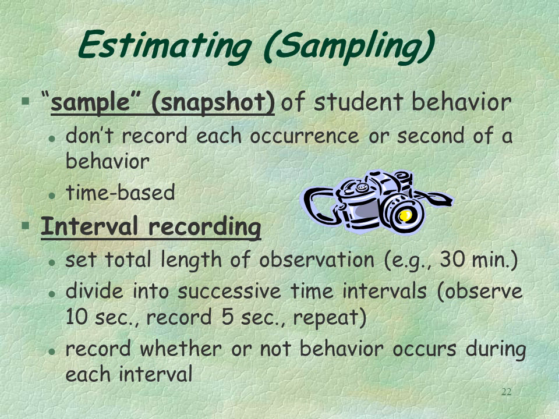Now we come to the second category of observational methods, estimating or sampling procedures. There are two of these. First one is momentary time sampling. Momentary time sampling is a snapshot of behavior. So we'll divide our time into equal intervals.